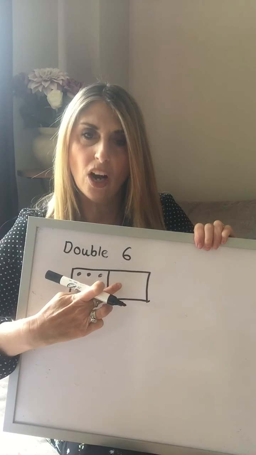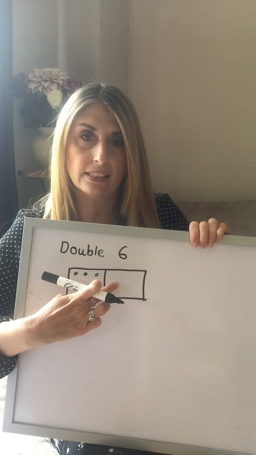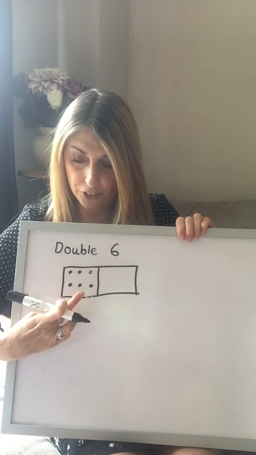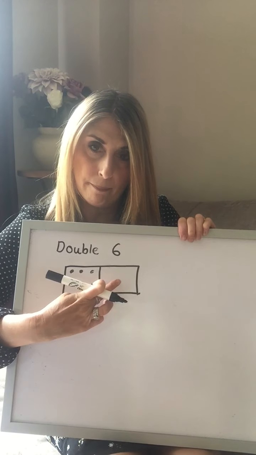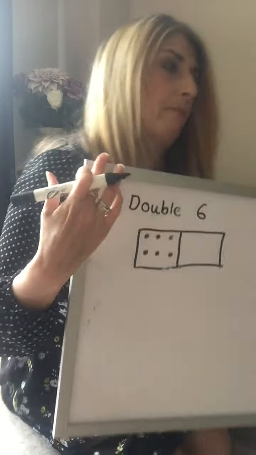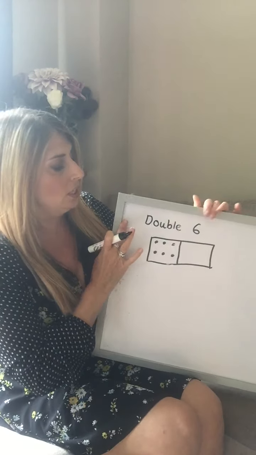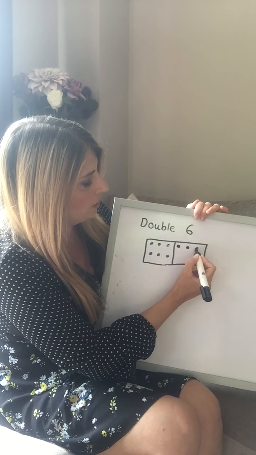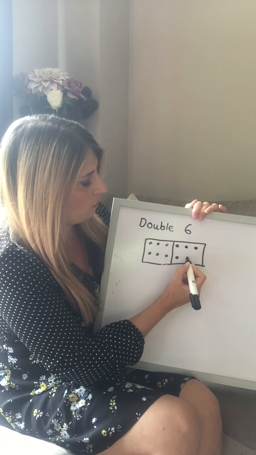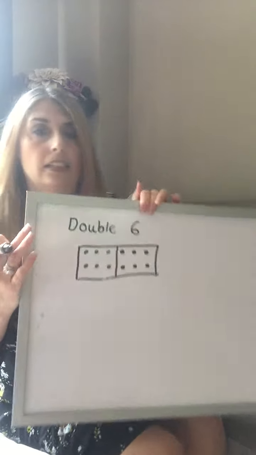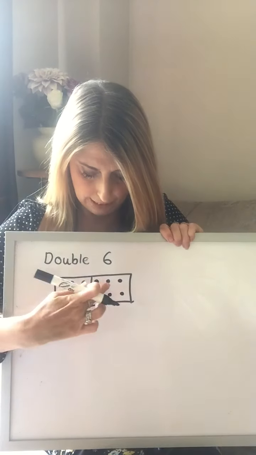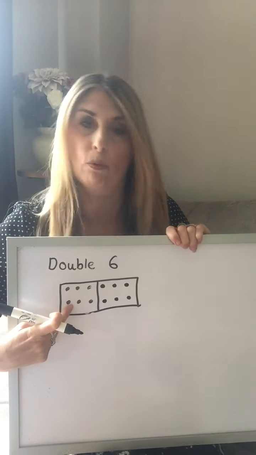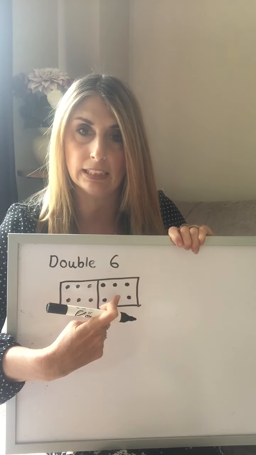So let's draw another 6 spots because we know that you have got to have the same amount again. That's very important. So let's draw 6 dots. 1, 2, 3, 4, 5, 6. So we've got 6 spots here and 6 spots there.